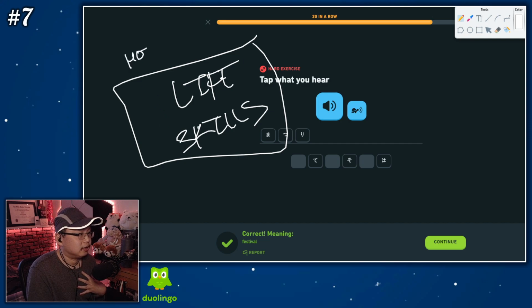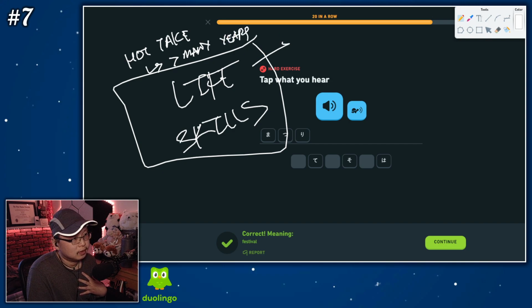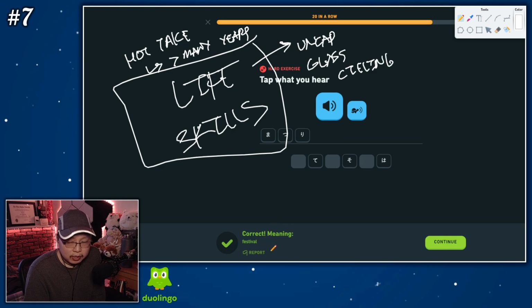Obviously, this is a hot take. And this also takes many years. It may be forever. But this is uncapped. There's no glass ceiling for these things. So each day you ask yourself, how do I get more motivation to do the things that make me happy?